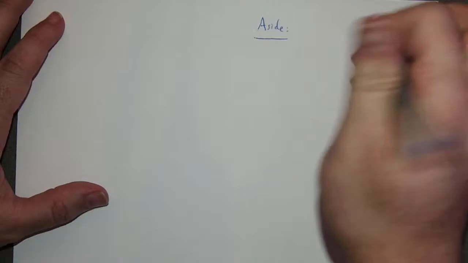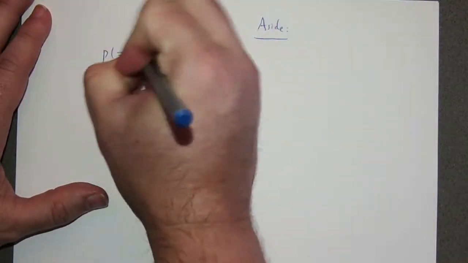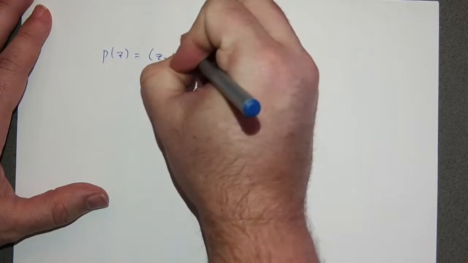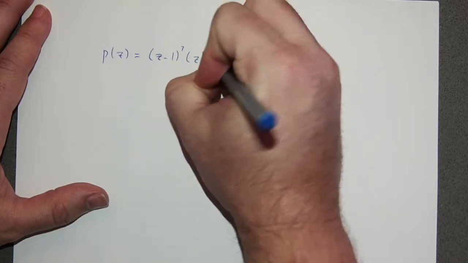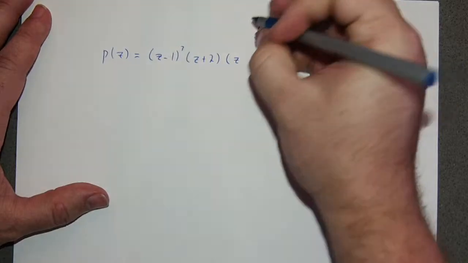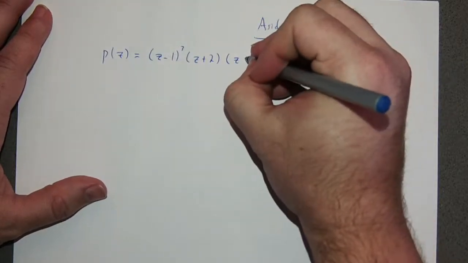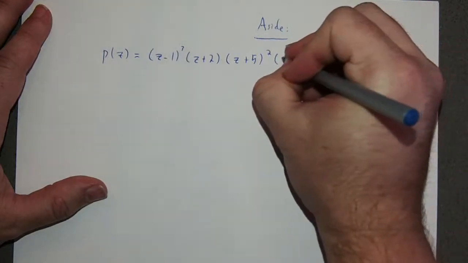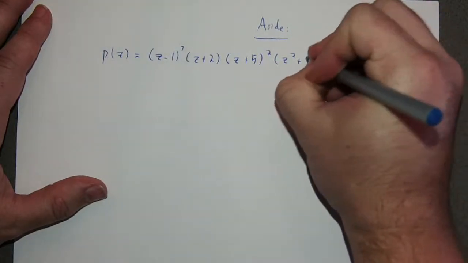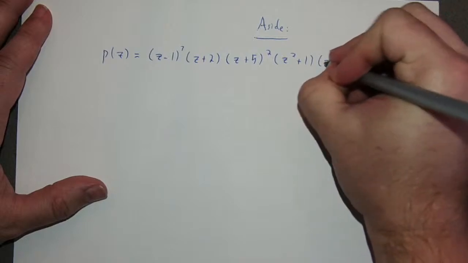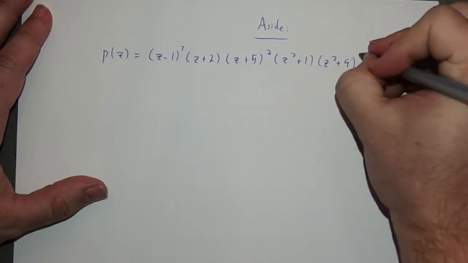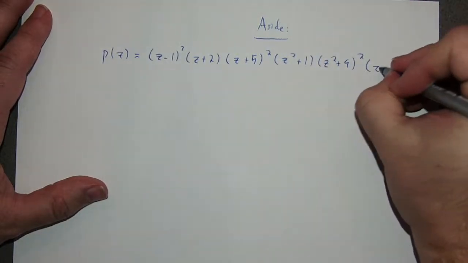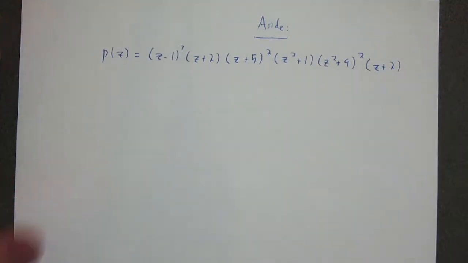So on this quick aside, let P of z be equal to (z minus 1) cubed times (z plus 2) times (z plus 5) squared times (z squared plus 1) times (z squared plus 9) squared, and maybe times (z plus 2) here.